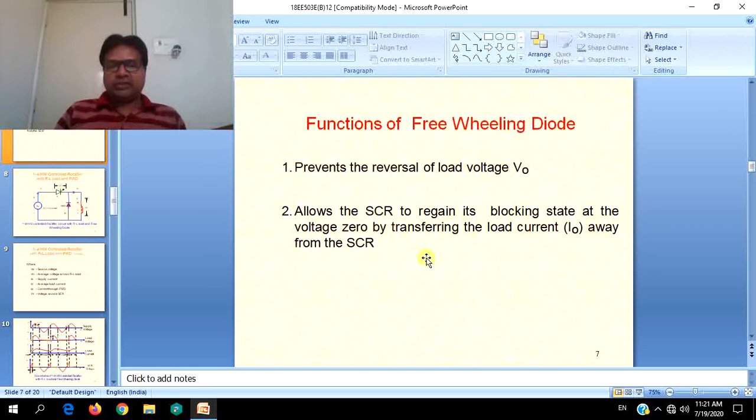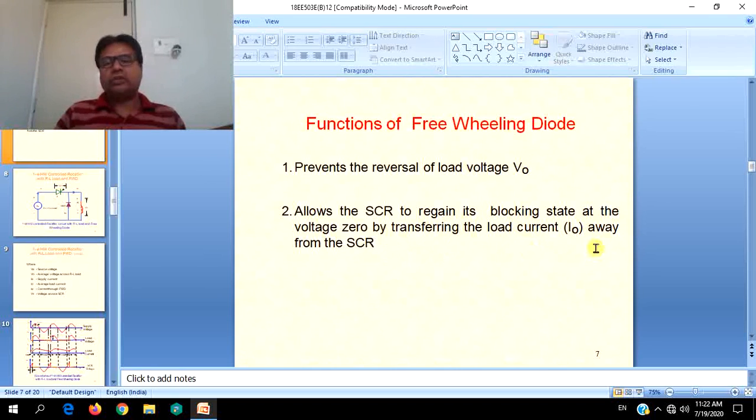In the previous discussions, load current was flowing through the load as well as the SCR in the forward direction, and reverse voltage was applied across the load as well as the SCR. Now, by connecting a freewheeling diode in the circuit, first it prevents the reversal of load voltage, and it transfers the load current away from the SCR.